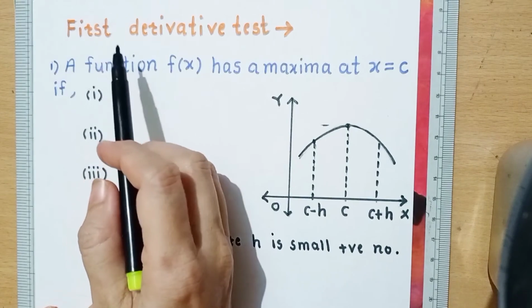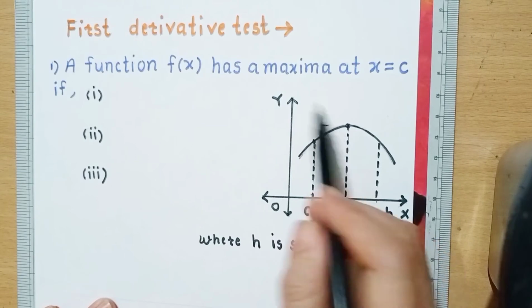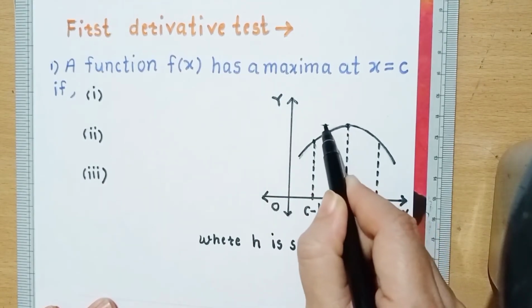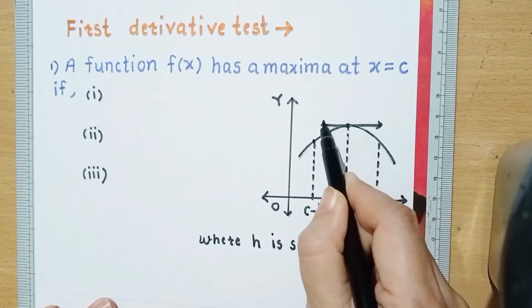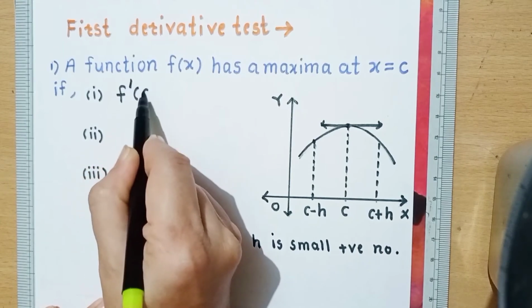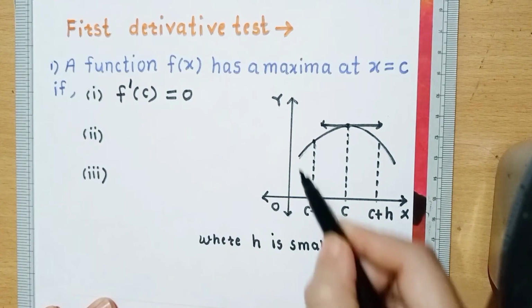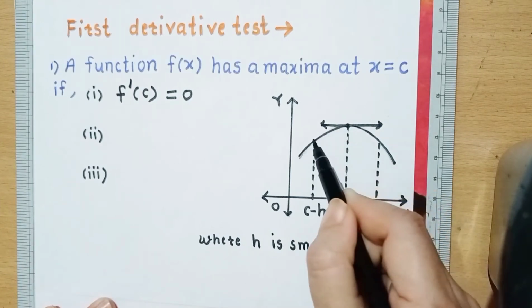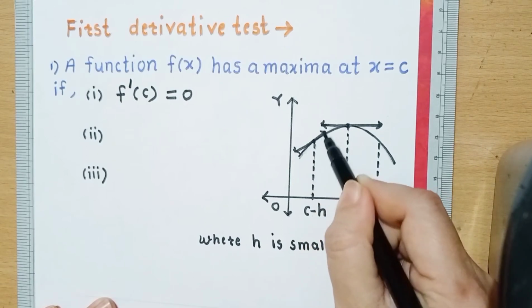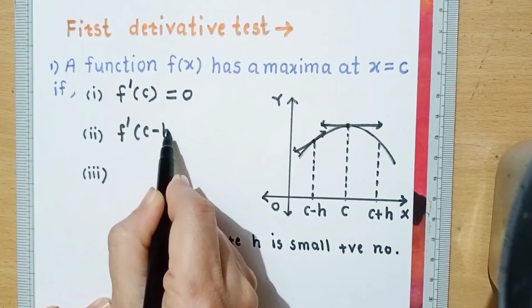Now let's check what is the first derivative test. First one, a function f(x) has maxima at x is equal to c if at this point the slope of the tangent is 0, that means the first condition is f dash of c equal to 0. Now in this interval the curve is increasing, so at point c minus h the slope of the tangent definitely would be greater than 0.